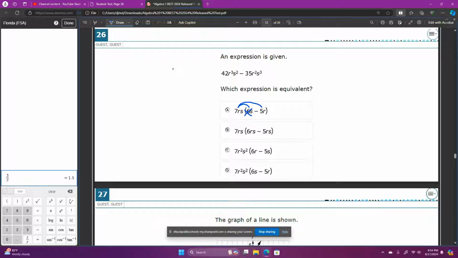R times R is 2 R's, that's R to the power 2, not R to the power of 3, the R's are wrong. R squared times R is R to the power of 3, our R's are good. Here, R squared times R-un is not R to the power of 3, so that's not right. The correct answer for number 26 is answer choice C.